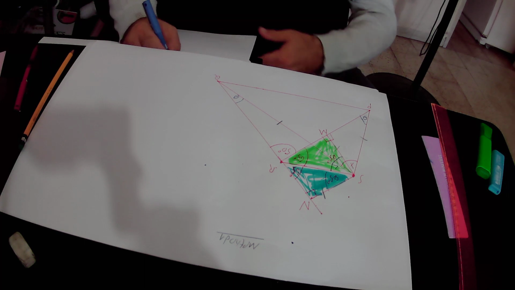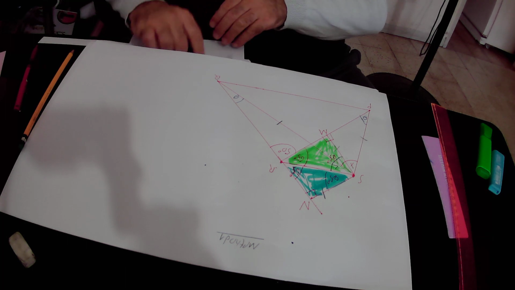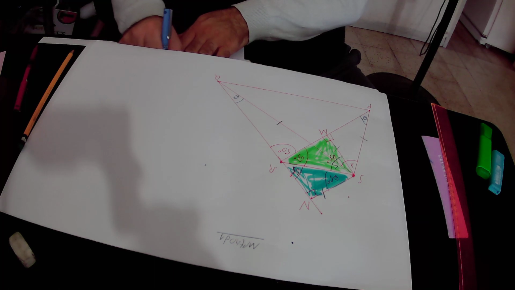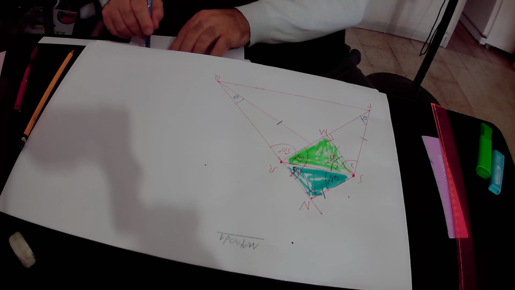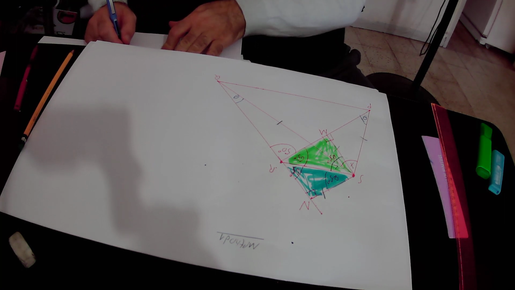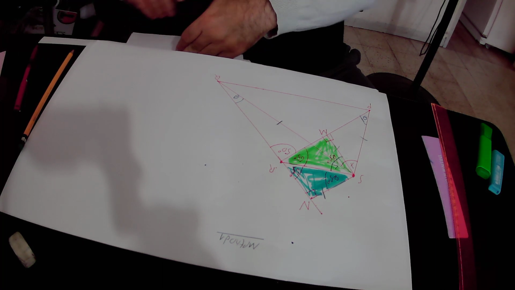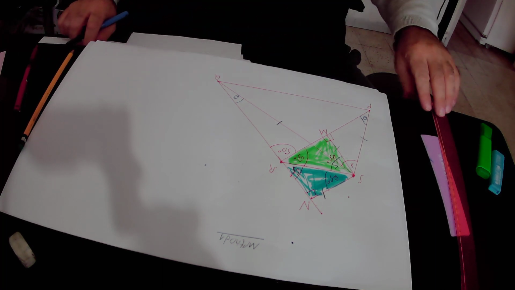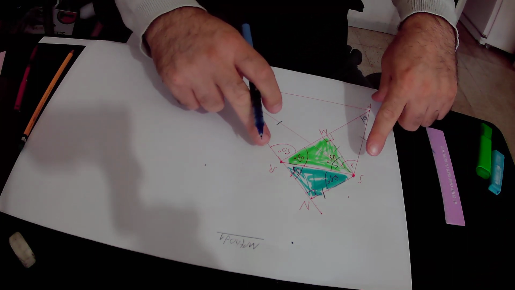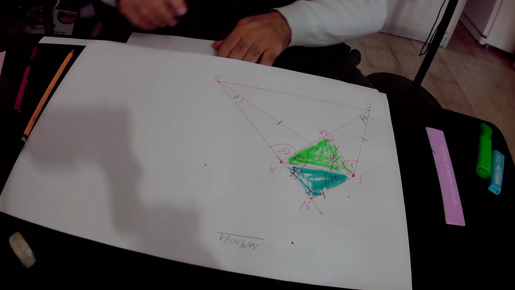So if we have a circle, okay, we will draw a circle. Again those 4 points S, R, Q and P lie on a circle.